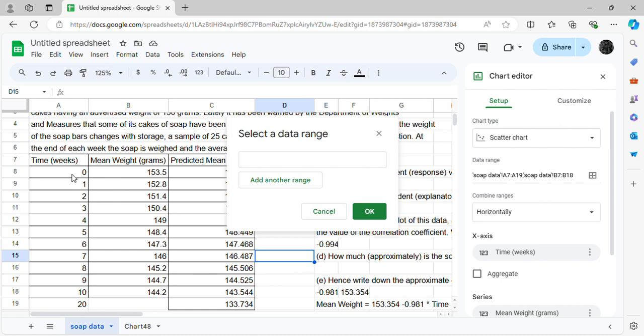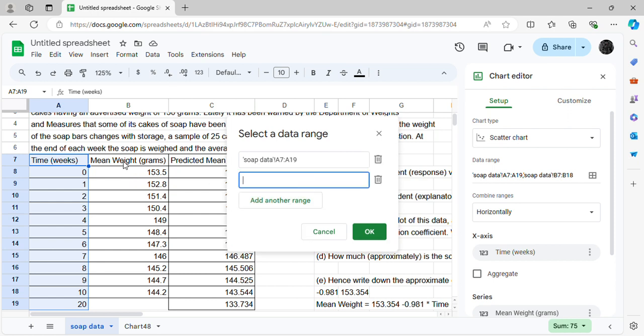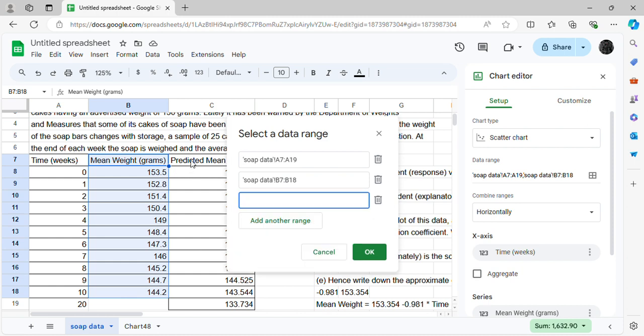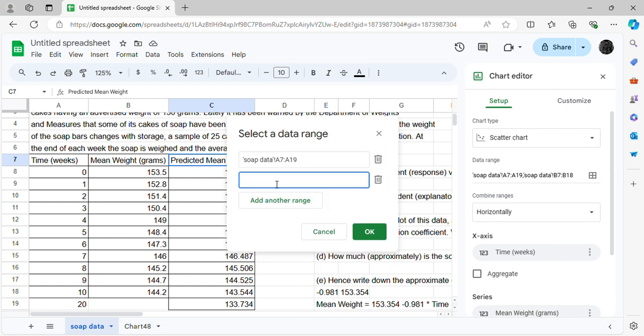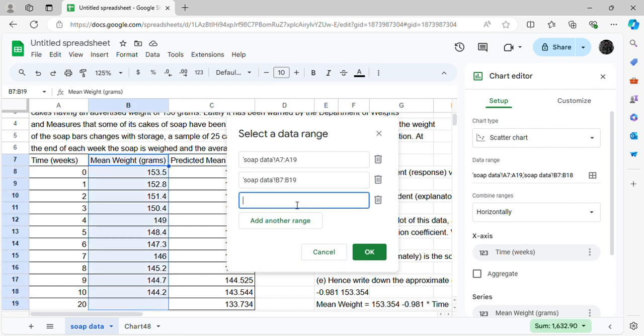So we select the time, then we add another range which is the observed mean weight values, and add another range which is the predicted mean weight.